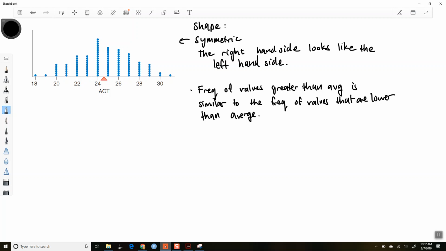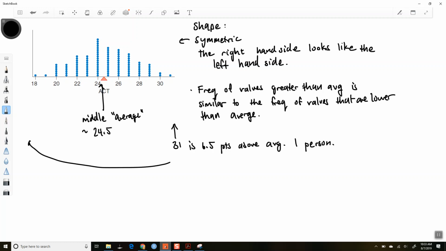And we had one person 6.5 points above average. And what do you know? We have one person who's 6.5 points below average. Okay, so if this is kind of the middle and the average is about 24.5, 31 is 6.5 points above average, and we have one person.